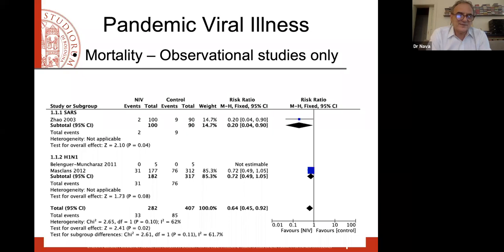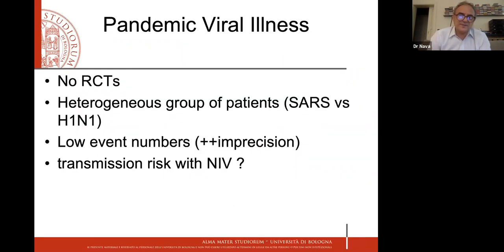SARS, I mean the former SARS, not SARS-CoV, and the viral H1N1. And in most of the cases, well, if you draw some, I would say, dangerous conclusion, you may see from this plot a trend for NIV to be superior to oxygen treatment.